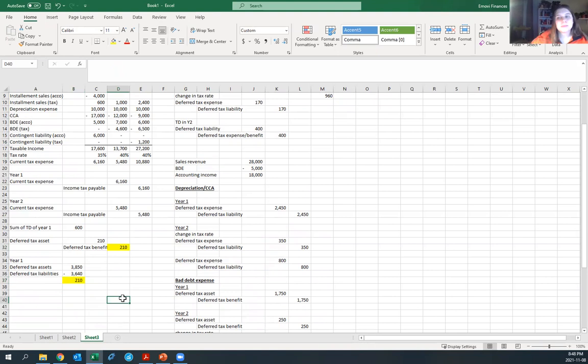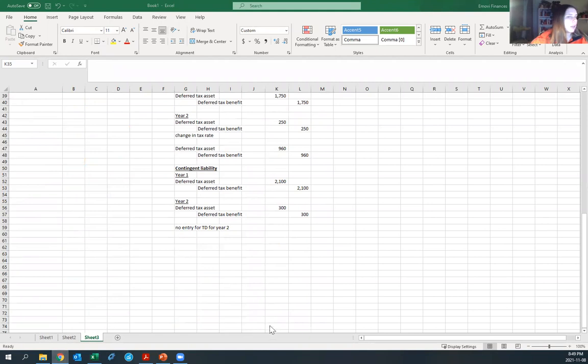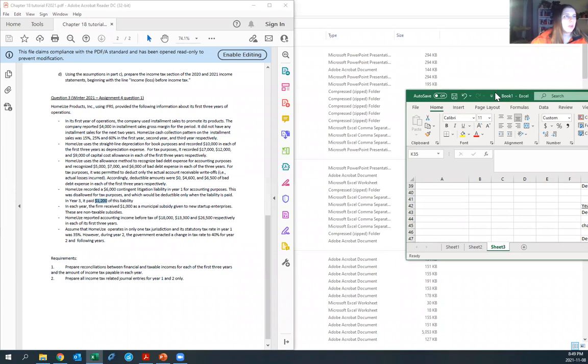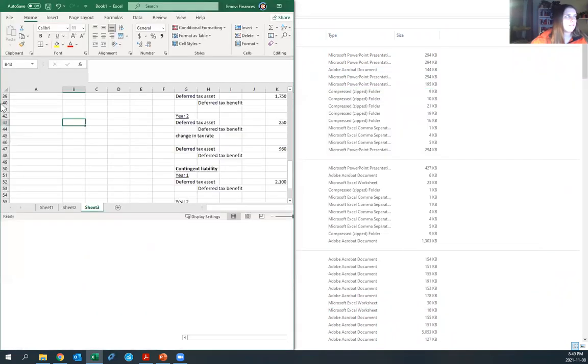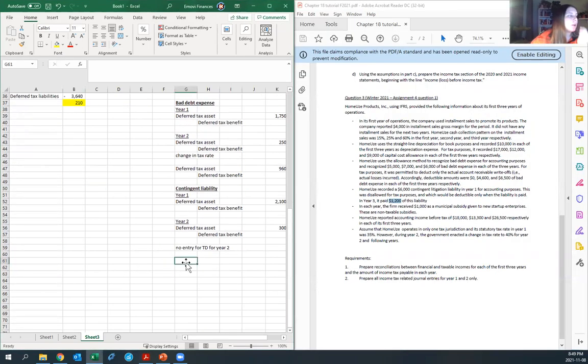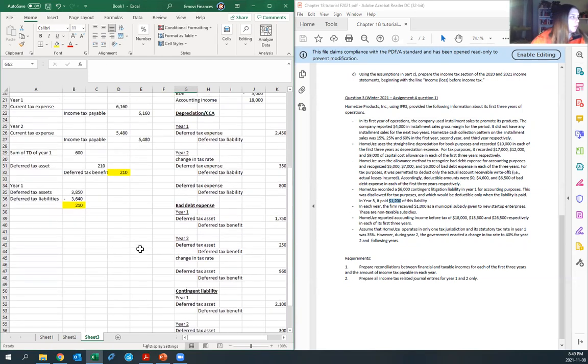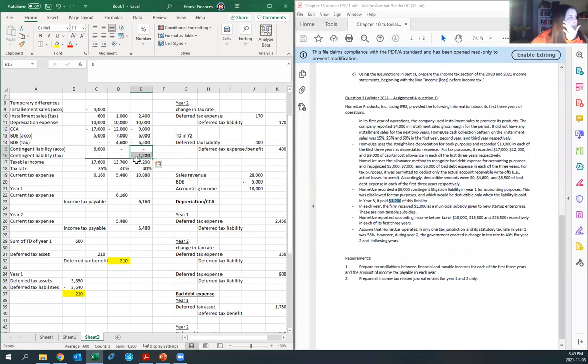No, we didn't do it in year 3 because it only asked us for year 1 and 2 to record a transaction. But if you want to do it, we can. Just have to set this up. So for year 3, you would have reduced your deferred tax asset by the temporary difference of 1,200 times 40%.